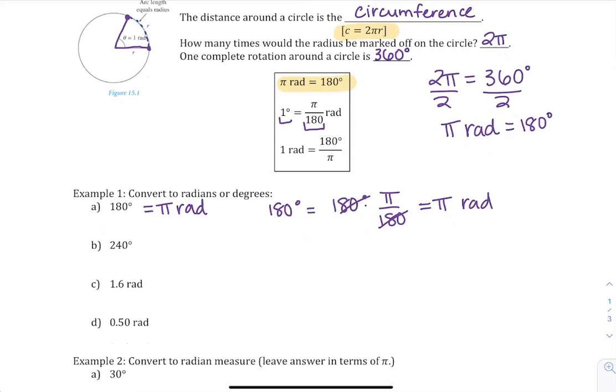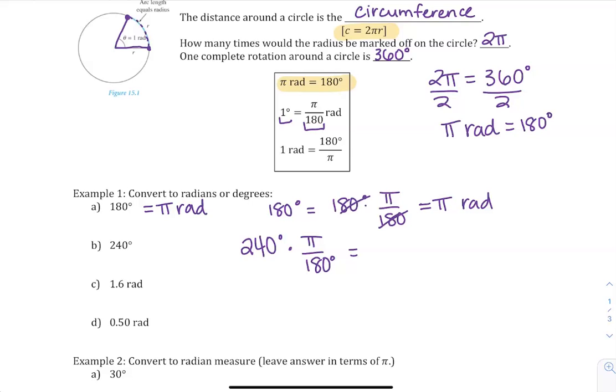So let's do another one of these. We have 240 degrees, and since 1 degree is equal to pi over 180, then we're going to multiply this by pi over 180. I like to leave my answers in terms of pi. So here I would not include pi in my calculator calculation.